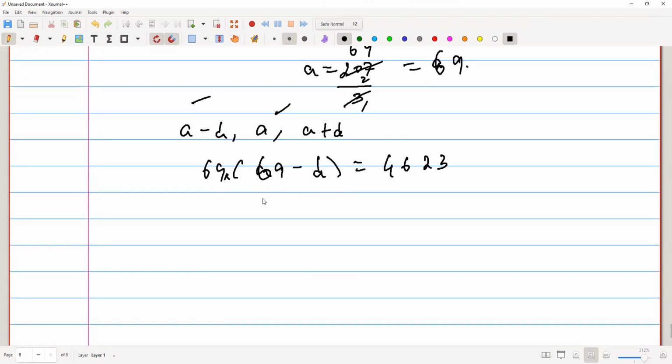I can bring it down. So 69 minus D equal to 4623 divided by 69. Actually, it is divisible by 23. If you could understand, we can easily cancel. Or else first go by 3, then you would again be going by 23.